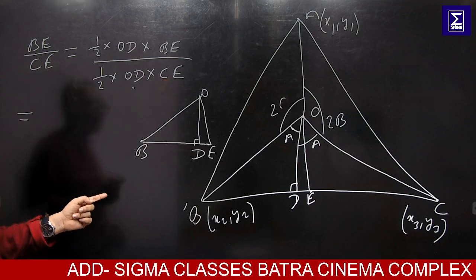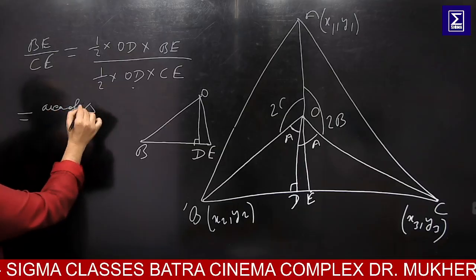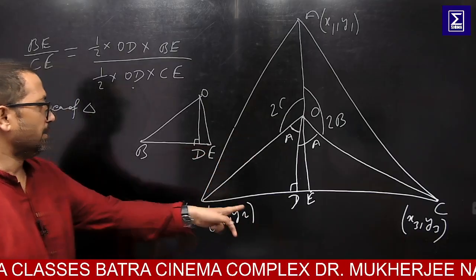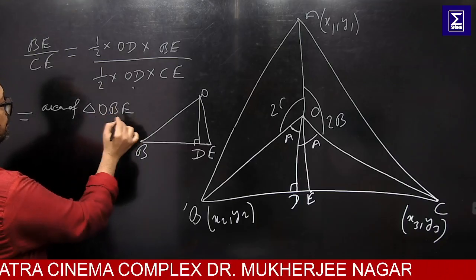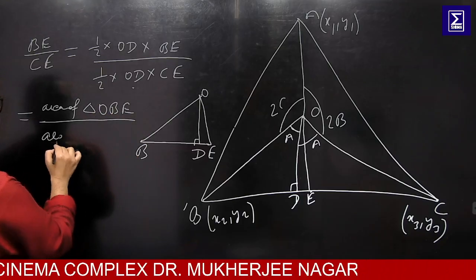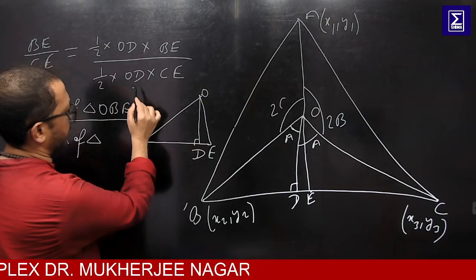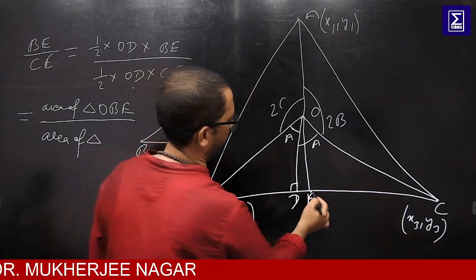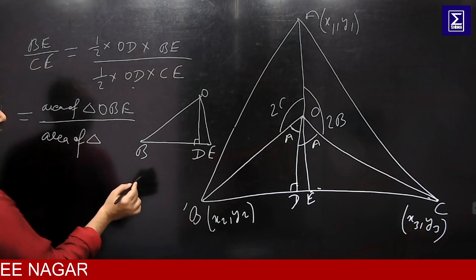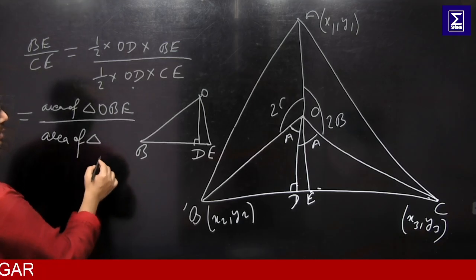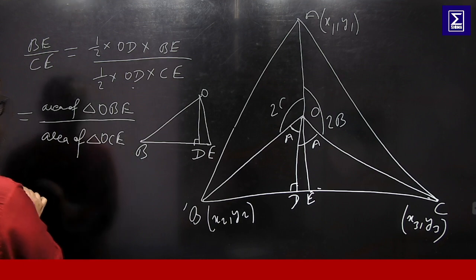So we can write area of triangle OBE upon area of triangle OCE.